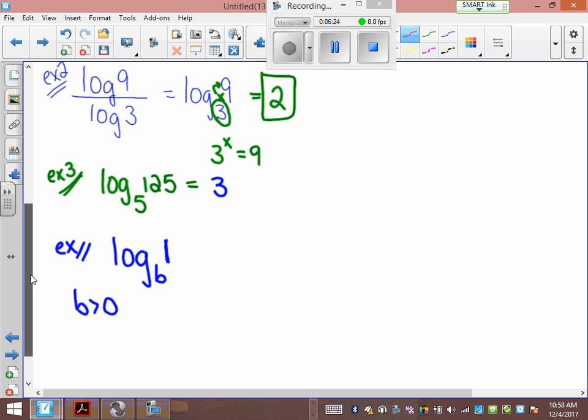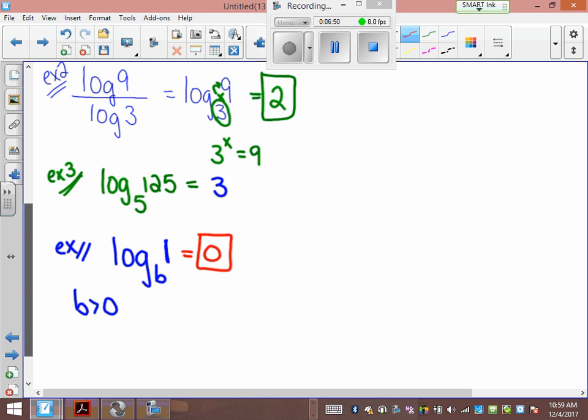So b to what power is 1? 0. So it's 0. So log base b of 1 is 0.